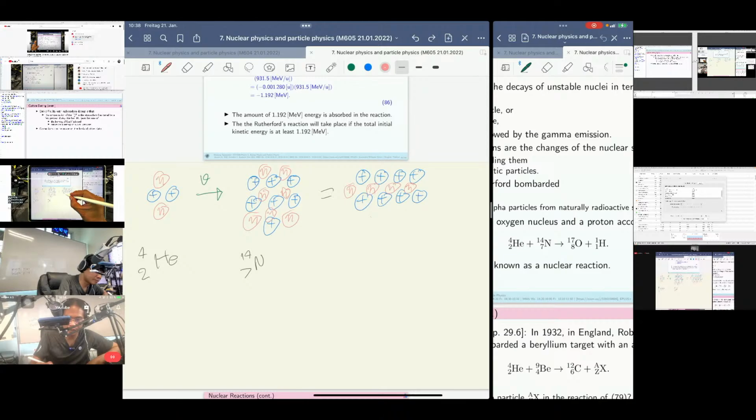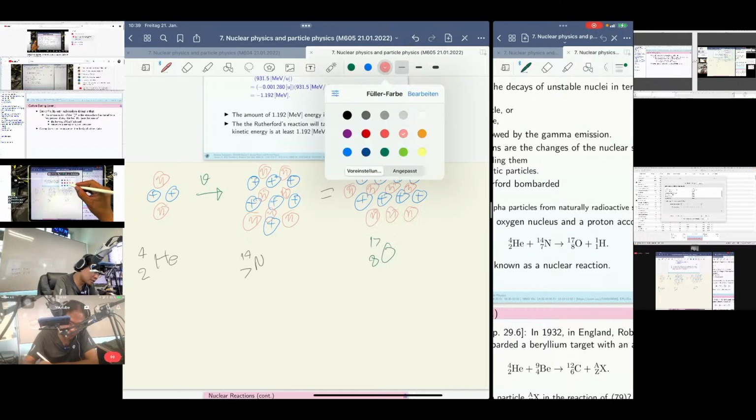And we have another one, which is the proton. Here, it's a single proton.